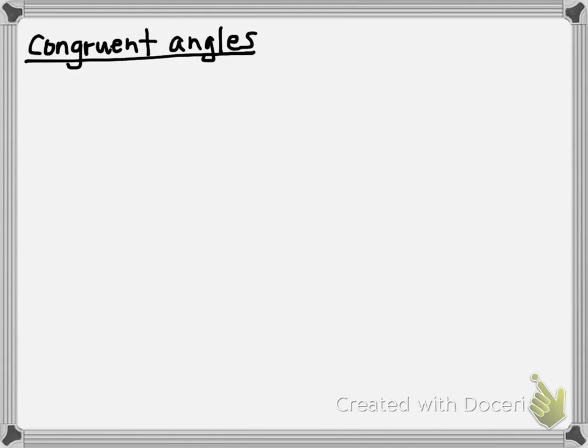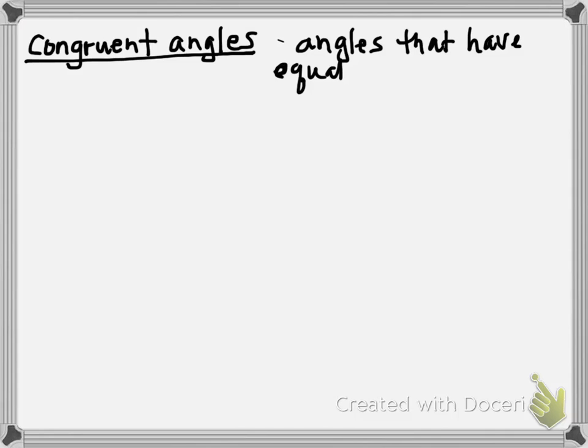Next, congruent angles. And we know that the term congruent means they're the same. How are they the same? They're angles that have equal measures. So, do a little bit of an example here.